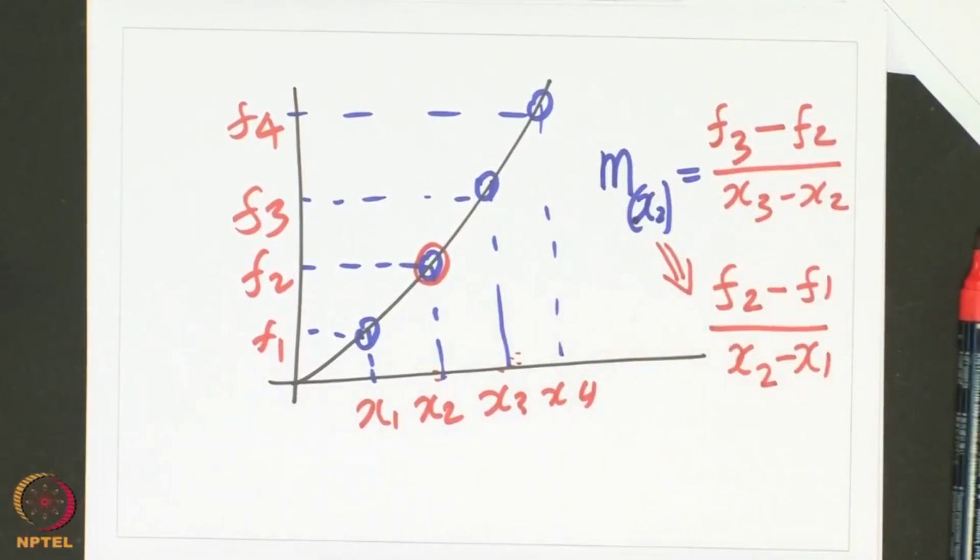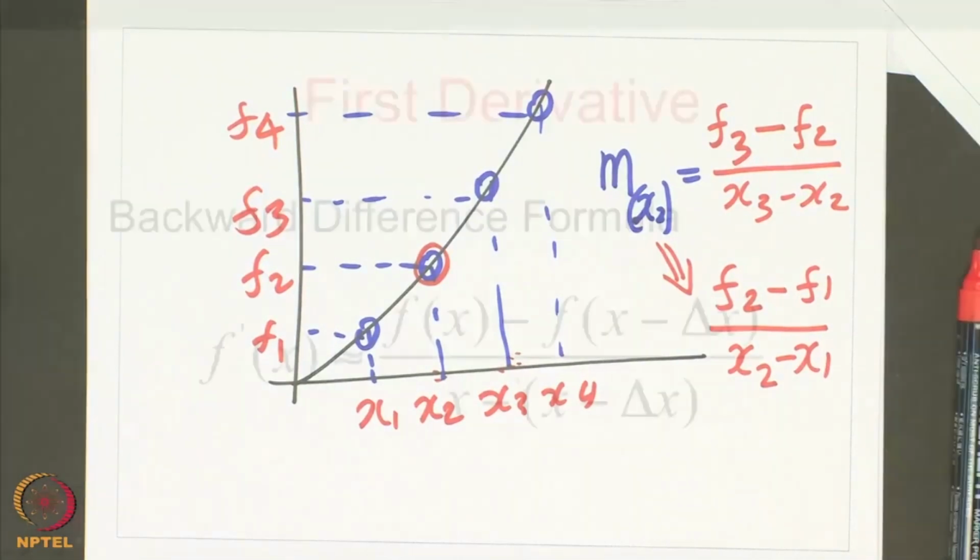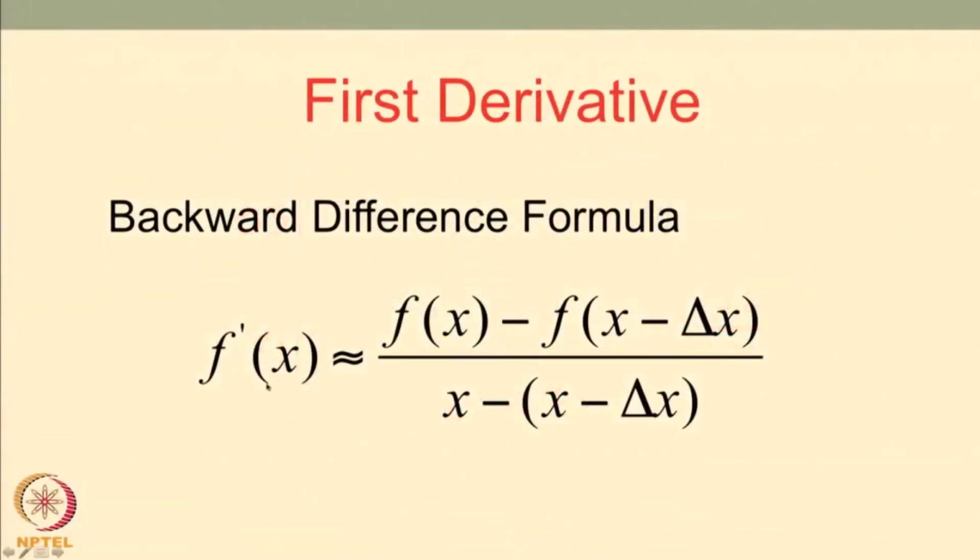So the other formula is called the backward difference formula, which is f of x minus f of x minus delta x, divided by delta x. So this is also a formula we could use.